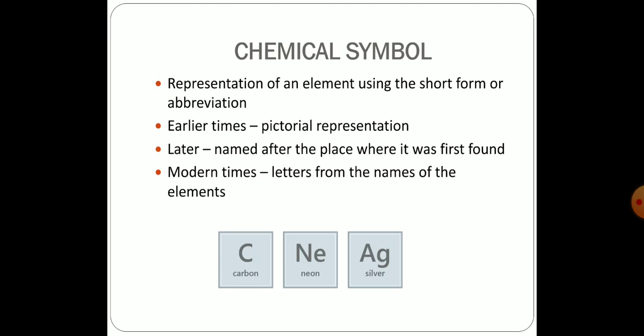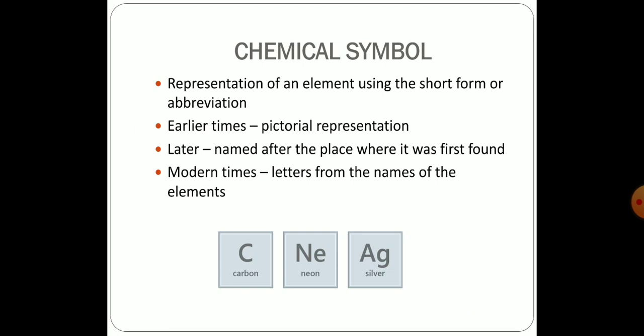Every time we need not write CARBON. We will be using a short form or a symbol which is called C, capital C. This is how we are going to use chemical symbols in chemistry, because every time we need not write the full name of the element, we will be using the chemical symbols.